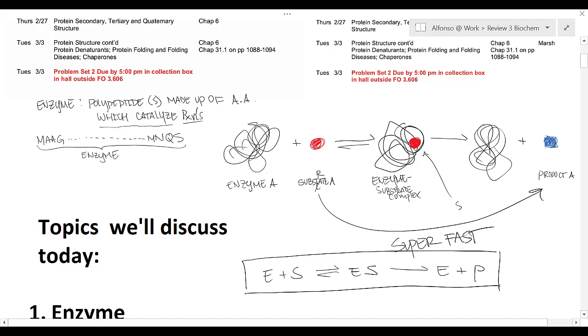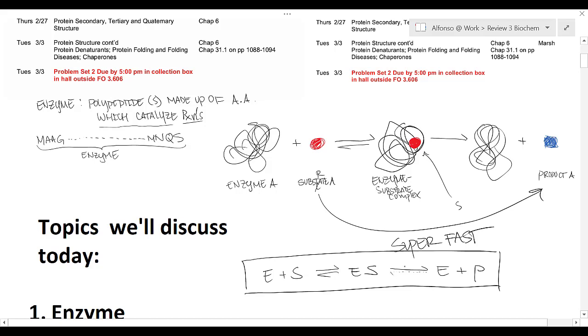I want you to write this equation every single day until your next exam, or until your MCAT or DAT. Well, no, you won't see this on the DAT, but for sure the PCAT. Okay, so enzyme plus substrate forms the enzyme substrate complex, and then we go from the enzyme substrate complex to enzyme plus product. Don't worry about the reverse reaction here, because it's hardly ever seen in nature, so we just ignore it.